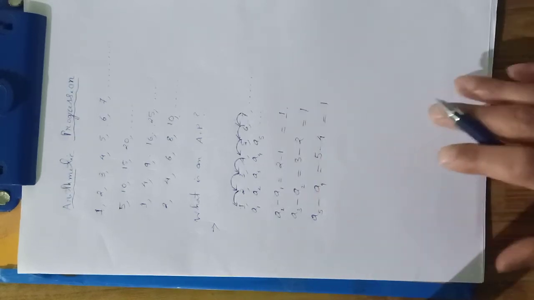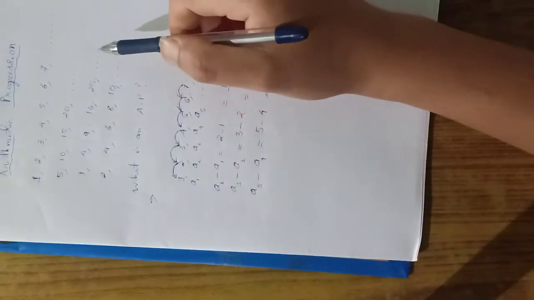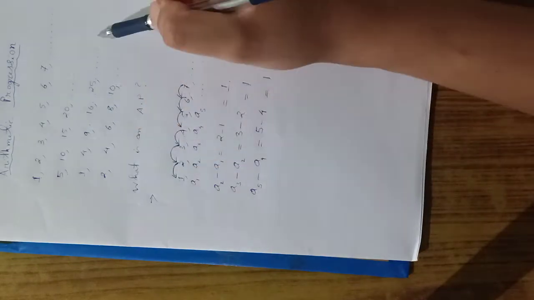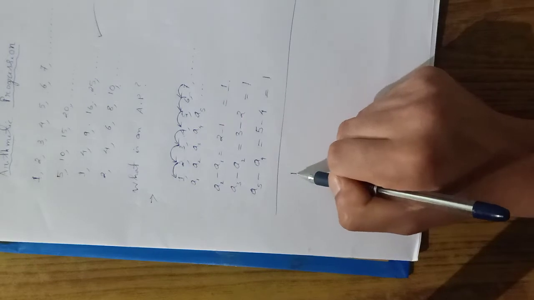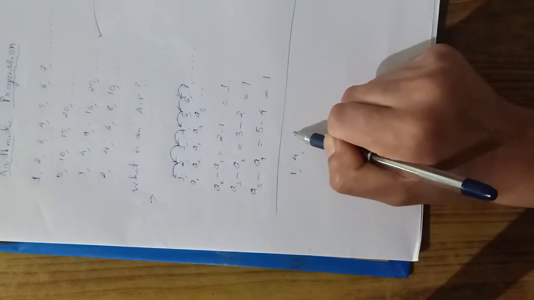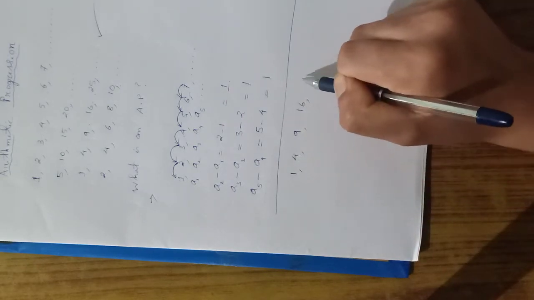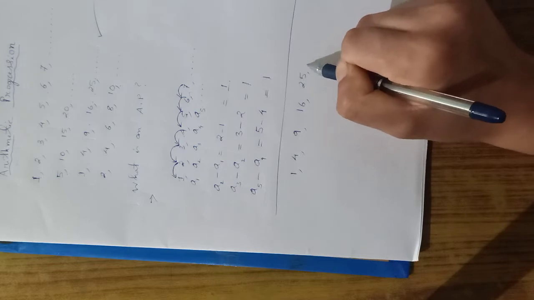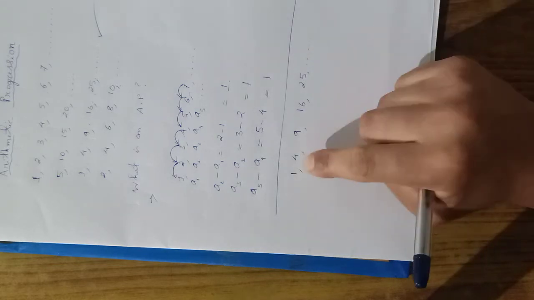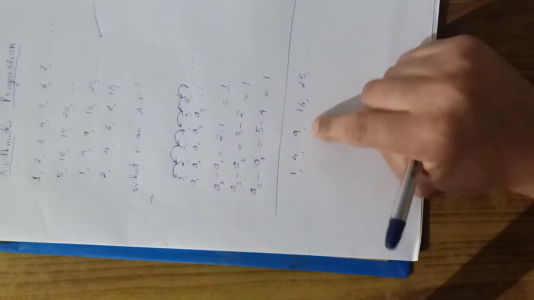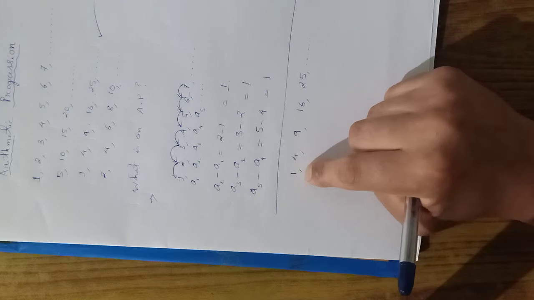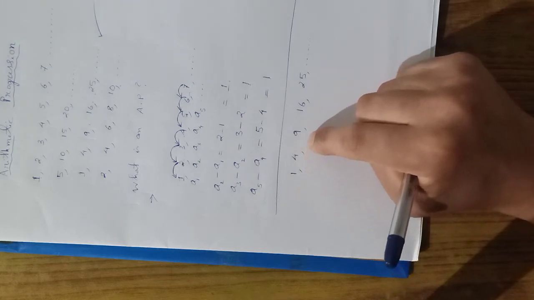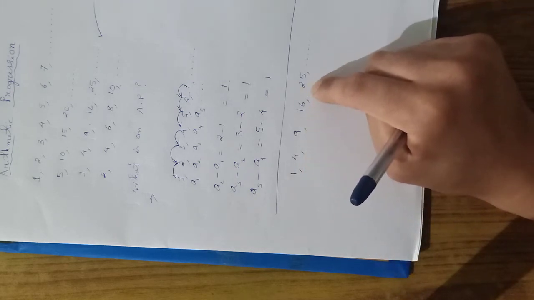Let's check some more examples. Let's look at the third series of numbers: 1, 4, 9, 16, 25, and so on. Now, this series of numbers is a sequence because it is arranged in a certain pattern or following a certain rule.